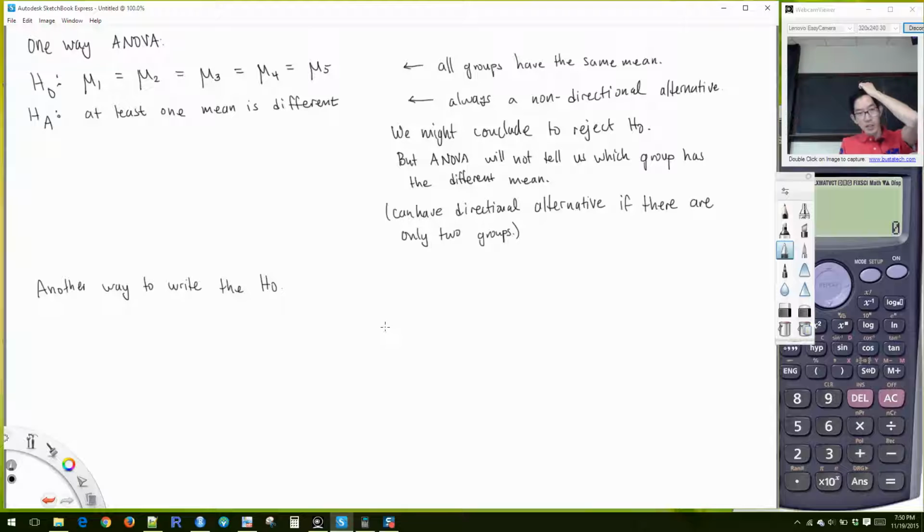Above here, and I kind of hate to do this in your notes, effectively we are saying each value y is equal to the group mean plus some unknown error.